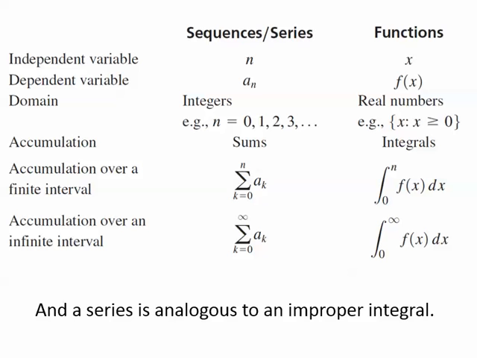And do you remember how we did an improper integral? For an improper integral, we found the finite integral, say from 0 to b, and then we had b go to infinity. And that's exactly what we do here. We find the finite sum, and then we have n go to infinity.